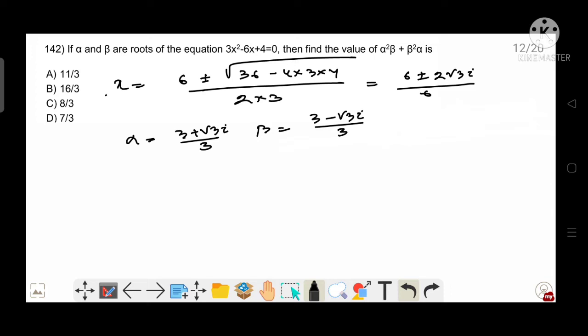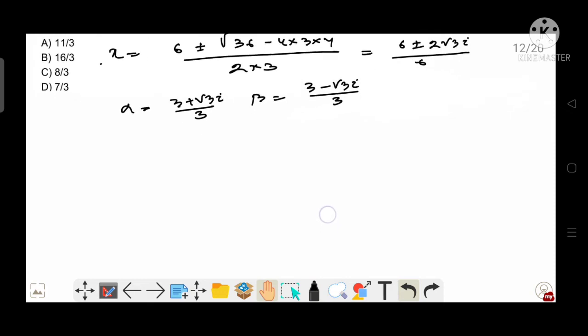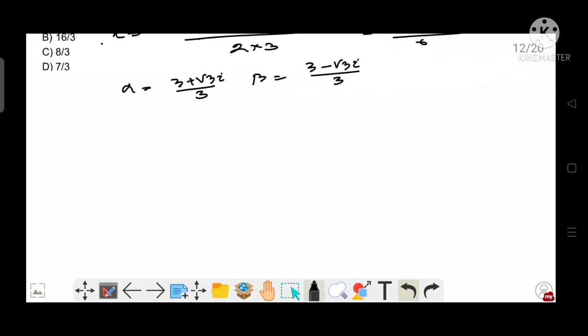So again, alpha square plus beta square. Then we have to find alpha square beta plus beta square alpha.